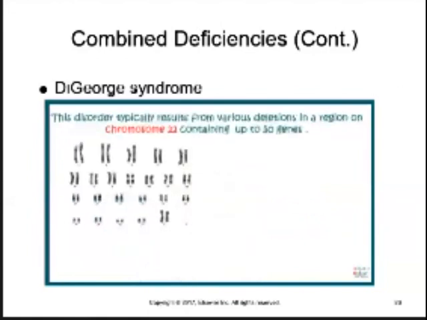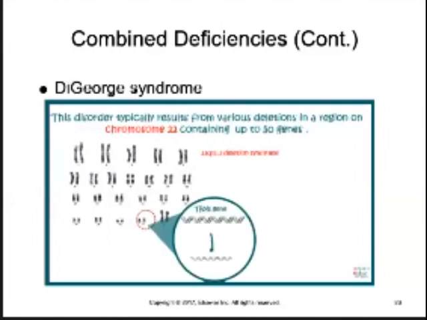Now this disorder is typically due to a deletion. Due to this 22q11.2 deletion, at least 20 genes or more are deleted or affected.